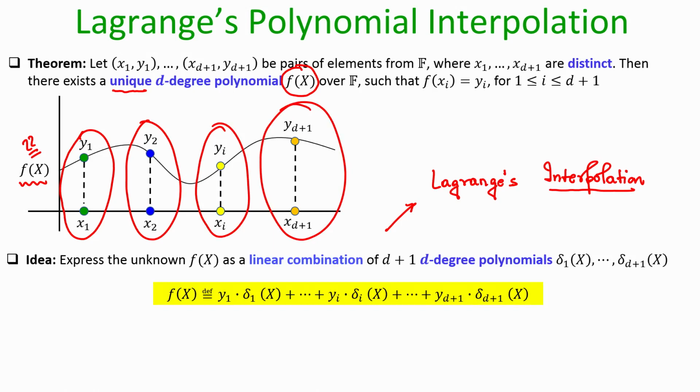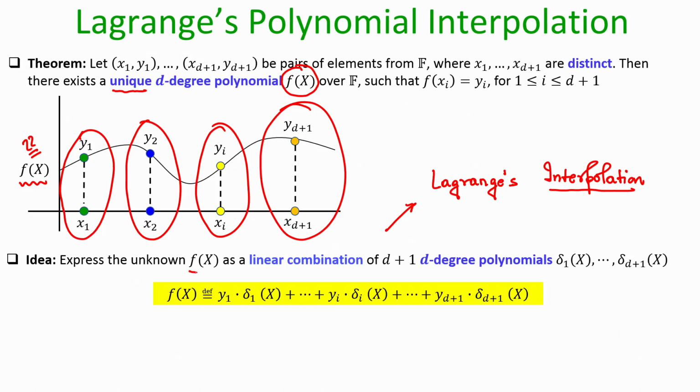Now, it turns out that students often try to memorize the Lagrange interpolation formula, because many of them find it slightly difficult to interpret, but there is nothing to memorize in the Lagrange interpolation formula. It is a very simple formula based on a very cute idea. So, our goal is the following.